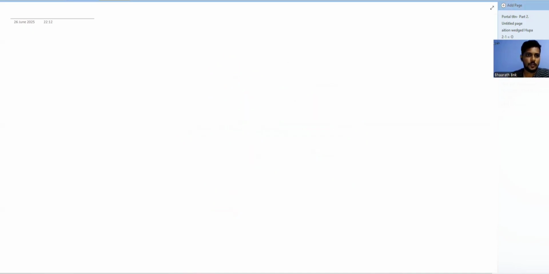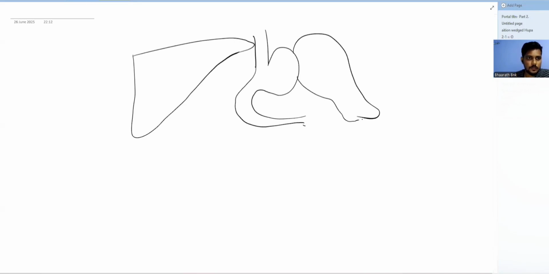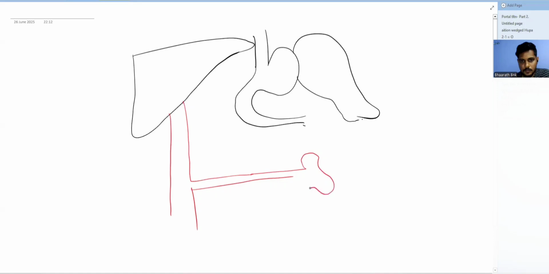Now, what happens in a splenorenal shunt is, assume that this is the kidney.